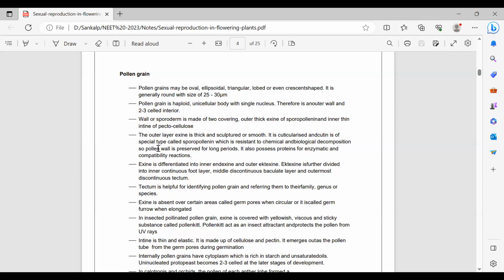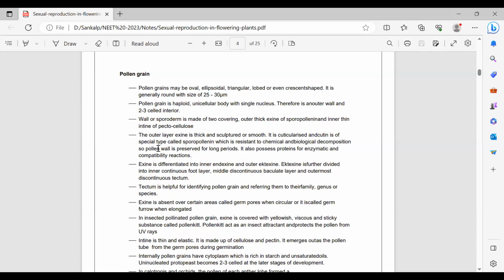It is cuticularized, and the cutin is of a special type called sporopollenin, which is resistant to chemical and biological decomposition. So the pollen wall is preserved for long periods.